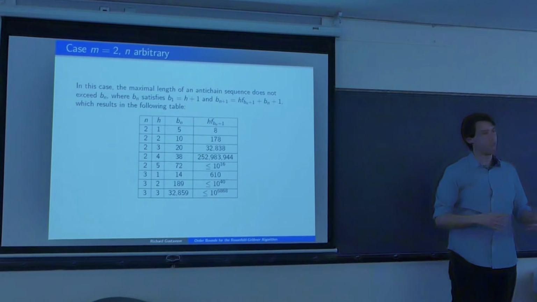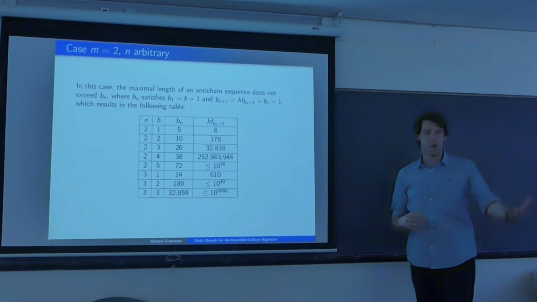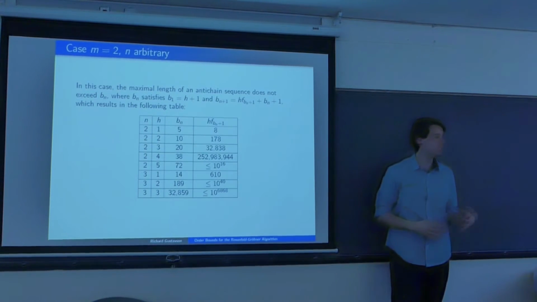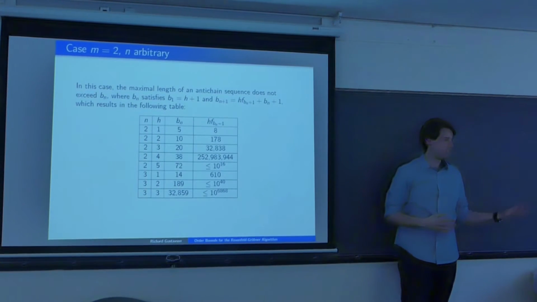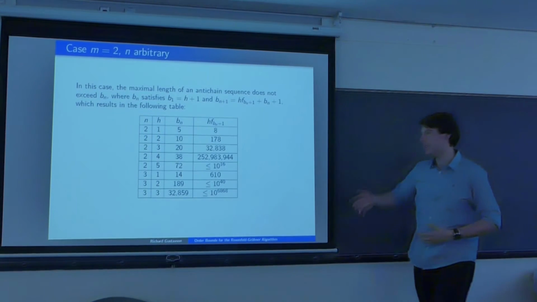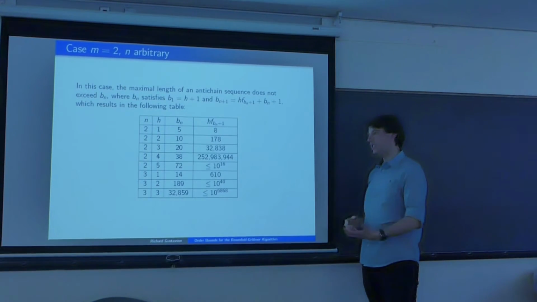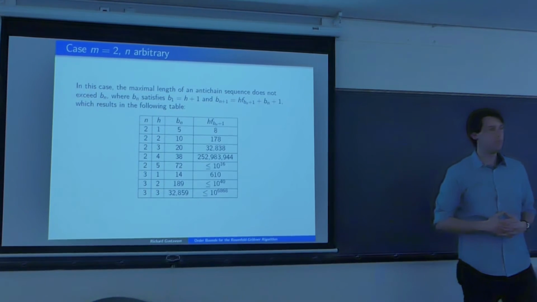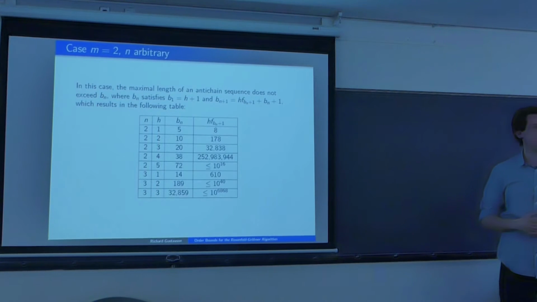So you can work out for an arbitrary n what this length is, and here's a table of some values for some given n's and some given h's. You can see for small values of n and small values of h, it gives you a nice result. Very feasible to work with.